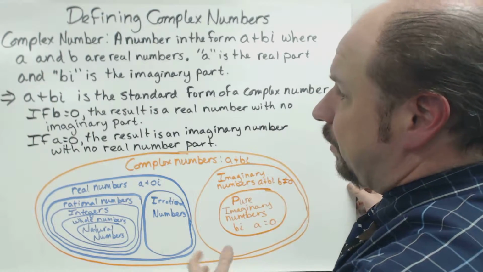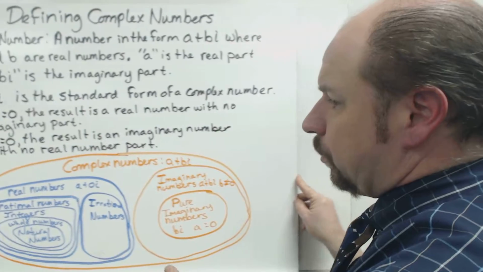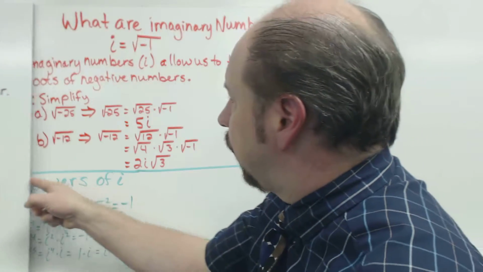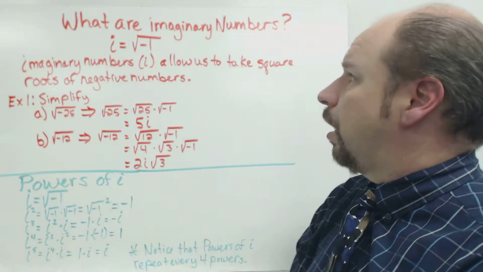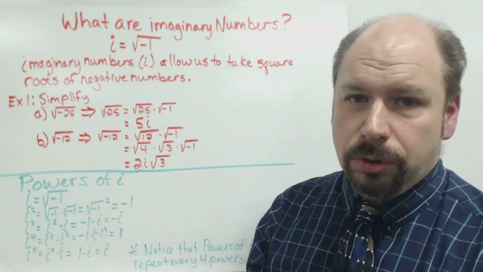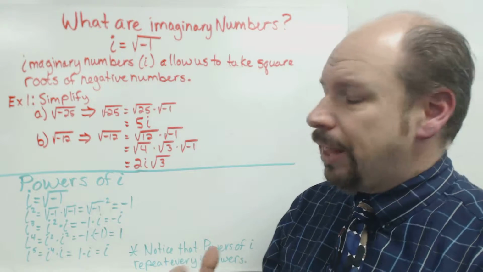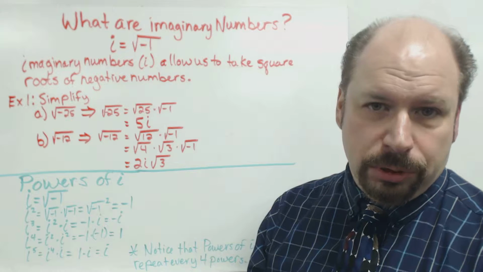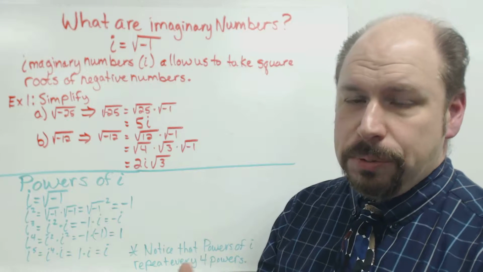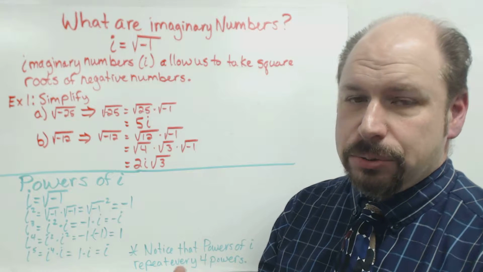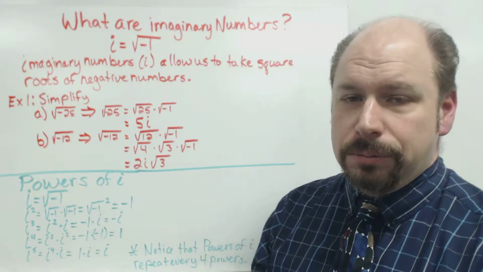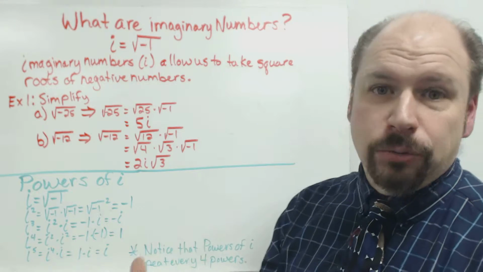Okay, so here is a definition of complex numbers. Let's begin to look at them a little bit more in depth. So what is an imaginary number? Well, an imaginary number allows us now to take the square root of negative numbers. Remember, before, we've never been able to take the square root of a negative number because it didn't work before.